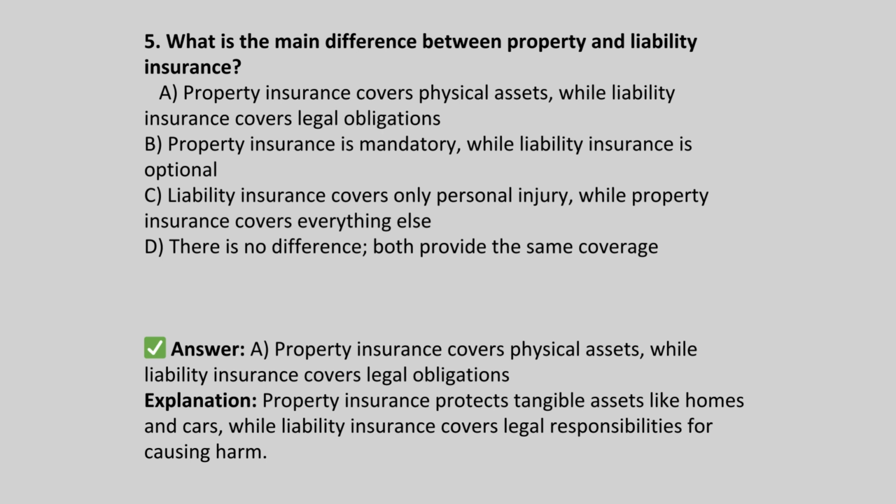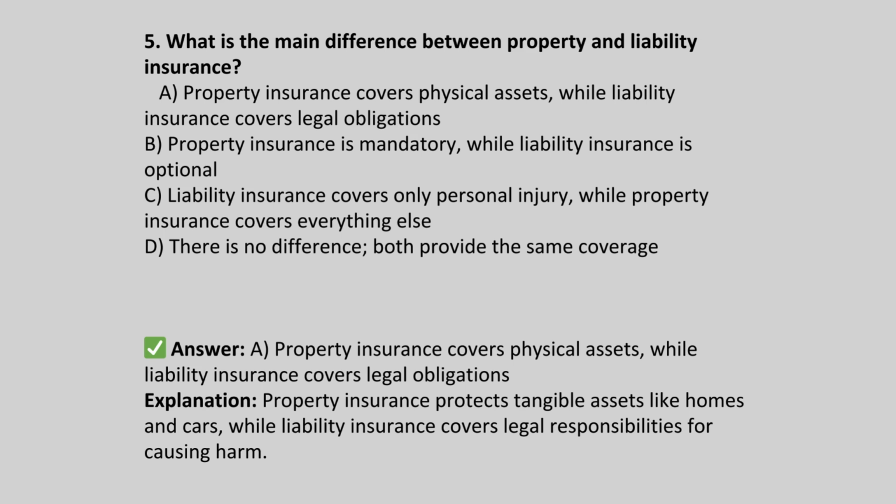What is the main difference between property and liability insurance? A. Property insurance covers physical assets, while liability insurance covers legal obligations. B. Property insurance is mandatory, while liability insurance is optional. C. Liability insurance covers only personal injury, while property insurance covers everything else.